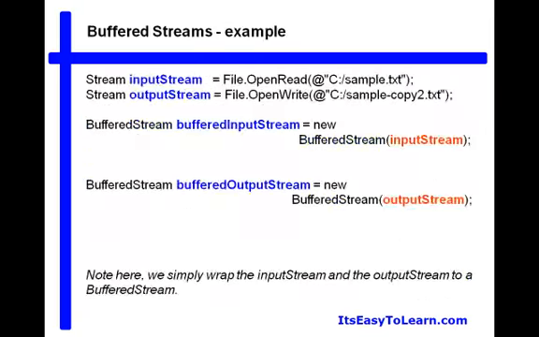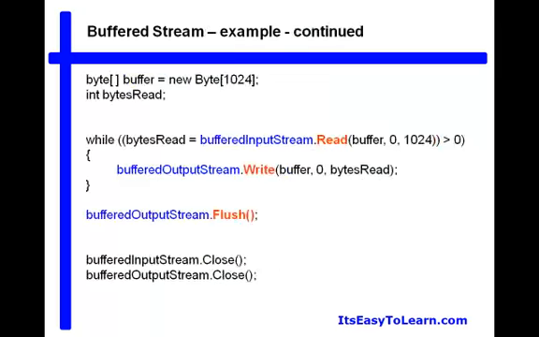So how to use buffered streams? Very simple. You open the input stream and output stream using the File.OpenRead and File.OpenWrite methods, and then you create a buffered input stream from the input stream. You create a buffered output stream from the output stream. Simply put, wrap the input stream and output stream in buffered streams, and then we do a read and a write similar to the normal streams.